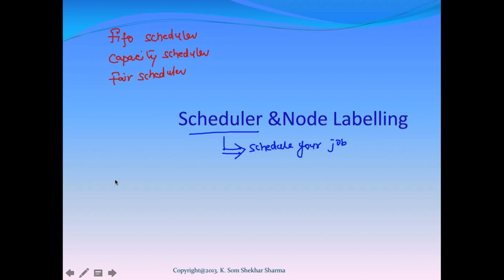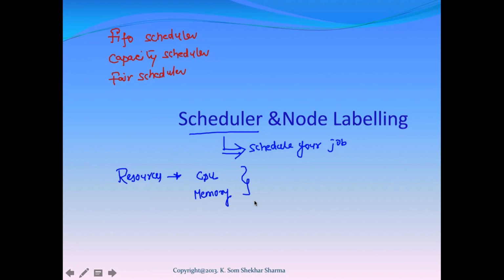Now when we talk about resources, what are we talking about? We have two kinds: the CPU and the memory. So how efficiently we utilize the CPU and the memory among the various jobs that will be submitted.